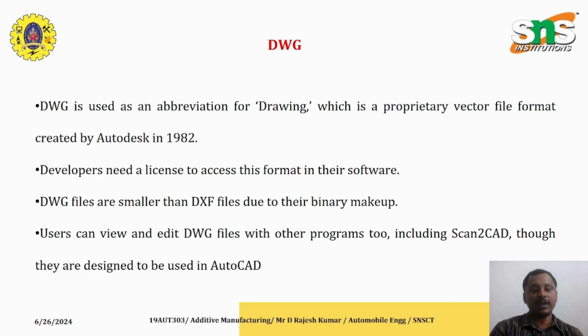Drawing files are smaller than DXF files due to their binary makeup. Users can view and edit drawing files with other programs too, including Scan to CAD, though they are designed to be used in AutoCAD.